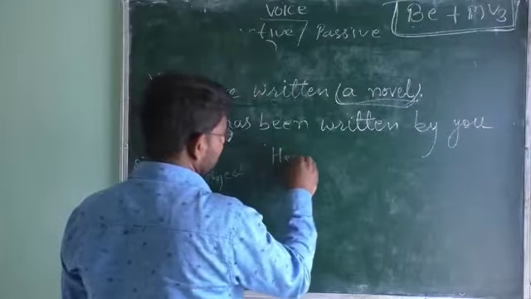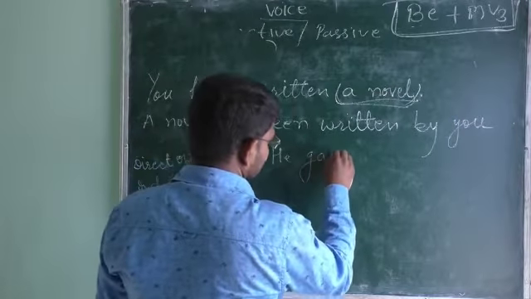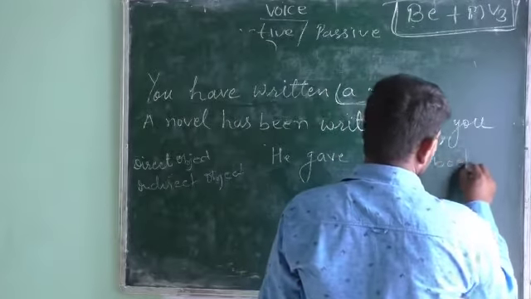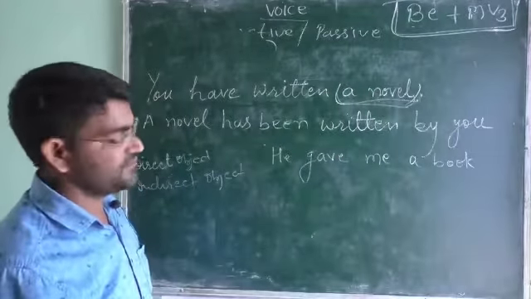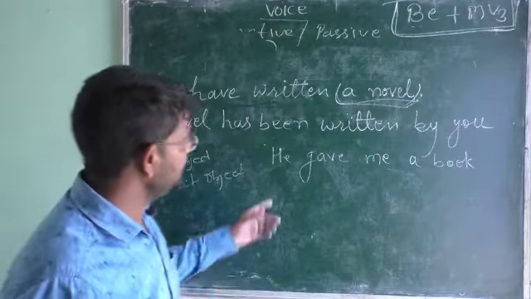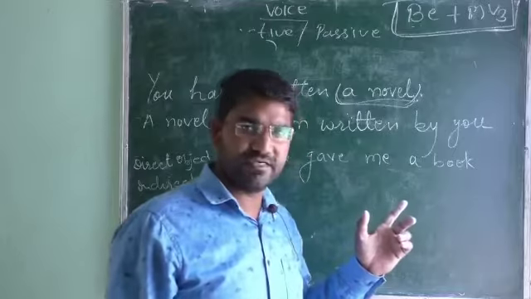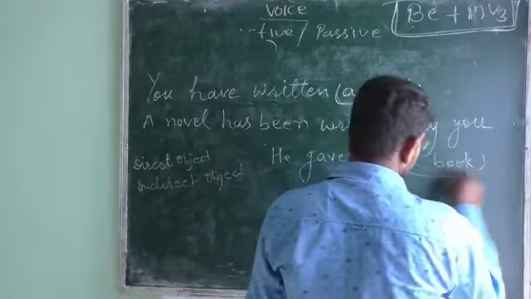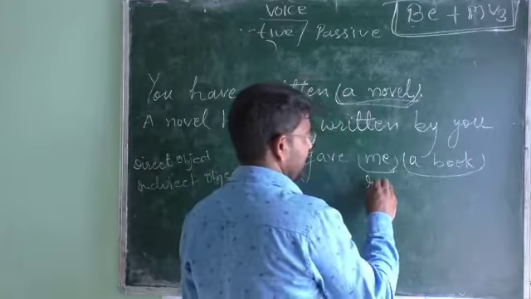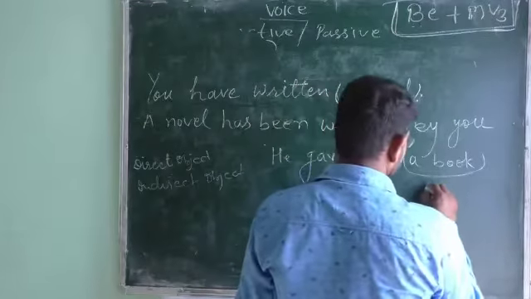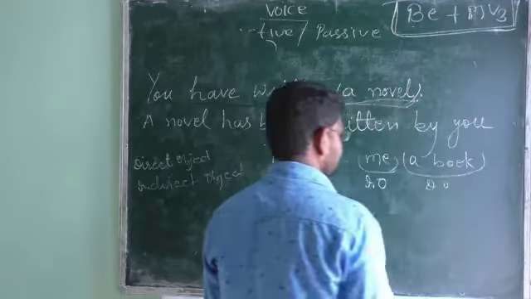Next, he gave me a book. Change it into passive. First work is to identify the object. In this sentence there are two objects. This is an indirect object and this is a direct object.